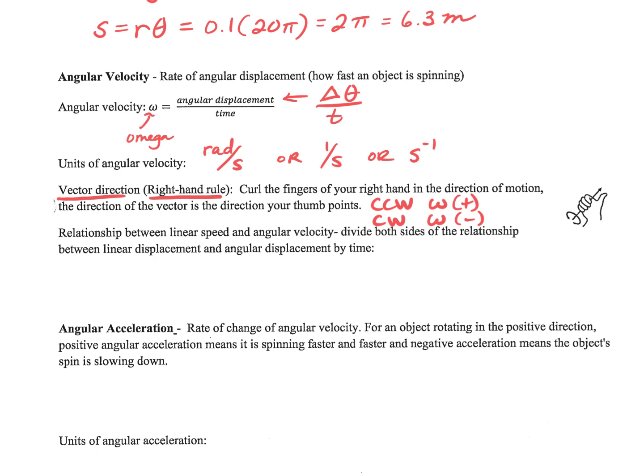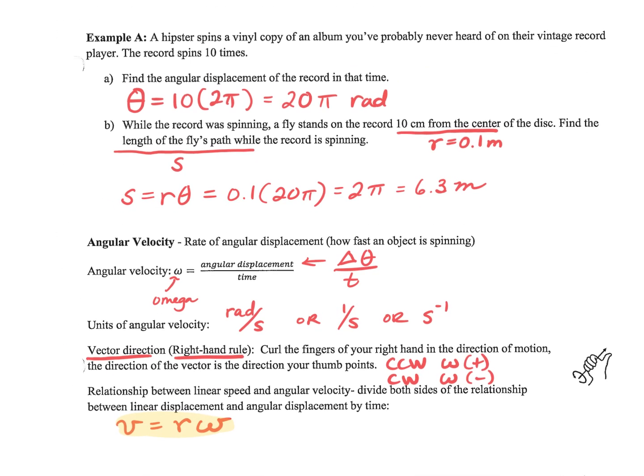Now, what do we know about the relationship between linear speed and angular velocity? V is equal to R omega. Doesn't this look a little familiar? S is equal to R theta.